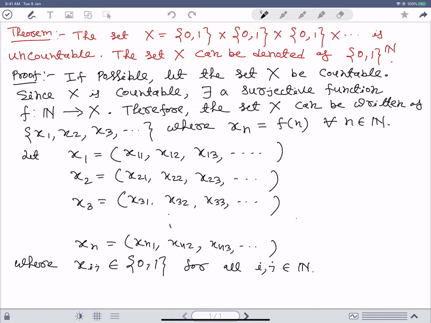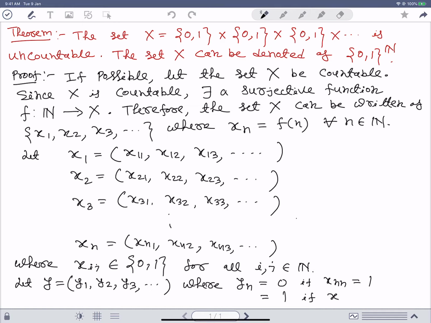Now we shall construct one point in X which does not have any preimage. So let y be a sequence with the entries of 0 and 1, say y1, y2, y3 in this way, where yn equals 0 if xnn equals 1, and yn equals 1 if xnn equals 0.